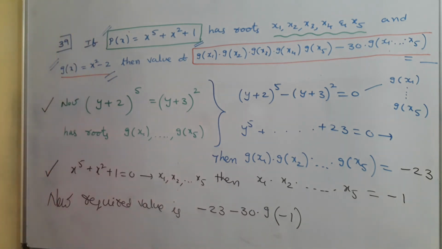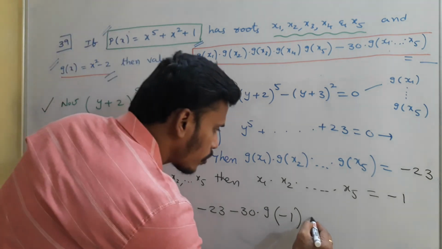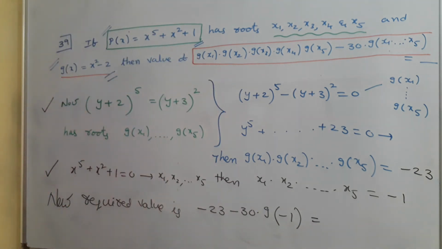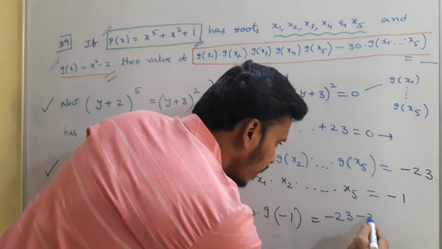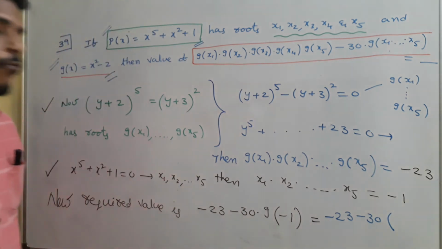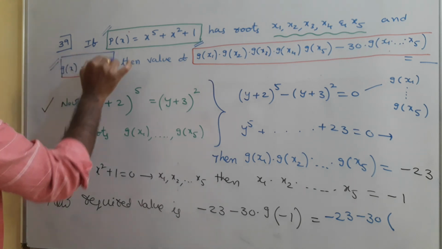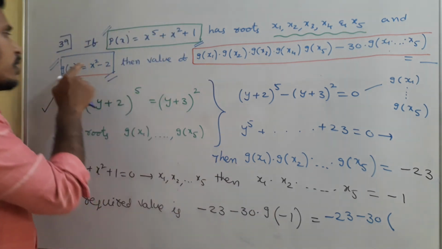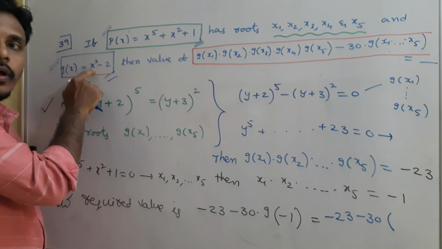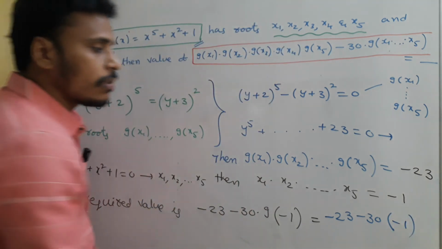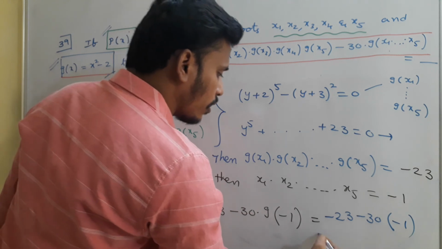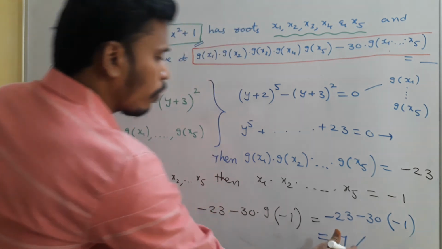This value I need to find, and that is equal to minus 23 minus 30 into g of minus 1. What is g of x actually? g of x is x squared minus 2. For g of minus 1, replace x with minus 1. Minus 1 squared is 1, 1 minus 2 is minus 1, again it is minus 1. So on simplification, 30 minus 23, and your answer for the problem is 7.